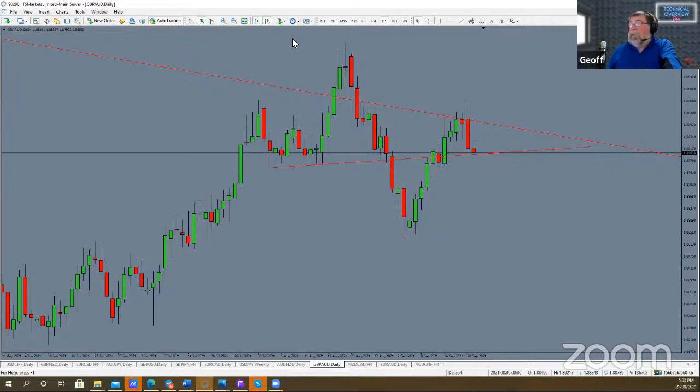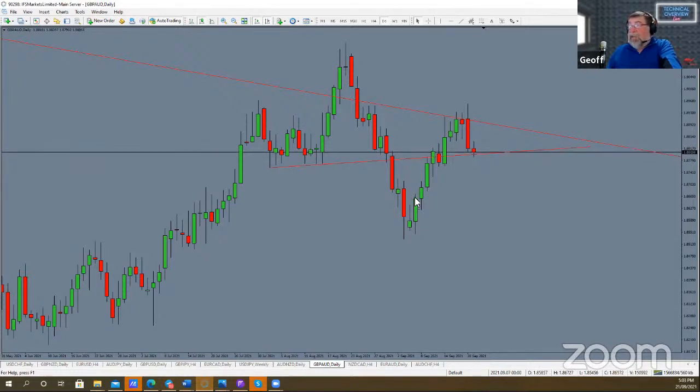So a game changer bar to me is a bar whose high, in this case, whose high is higher than the previous day and closes on or near its low. That's number one. Now, the reverse of that is a bar whose low is lower than the previous day and closes on or near its high.